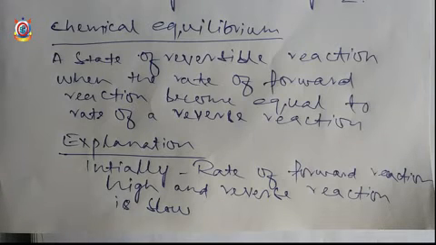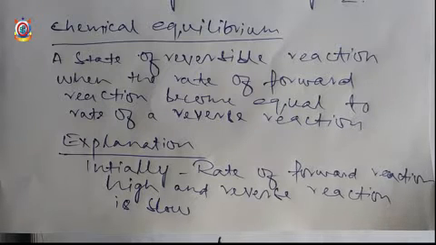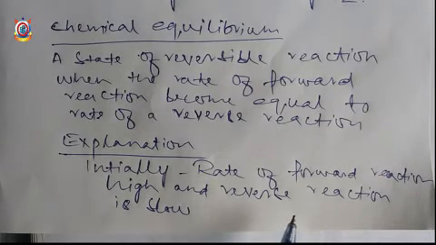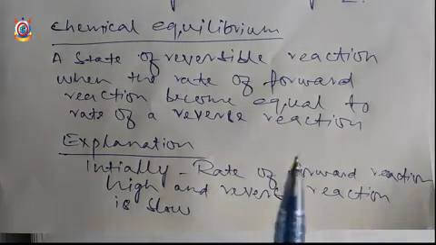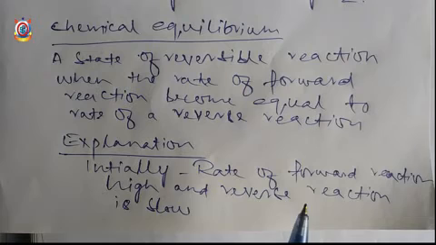But with the passage of time, when they produce the product, at that time the concentration of the reactant will be low and the product will be high. When the product again recombines or decomposes and changes into the reactant, at that time the concentration of the product will be high and the reactant will be low. But after some time both concentrations become equal and there is no change in both concentrations.